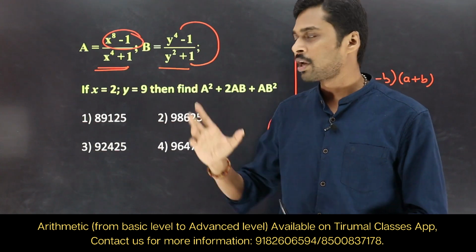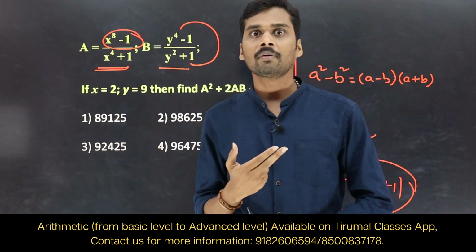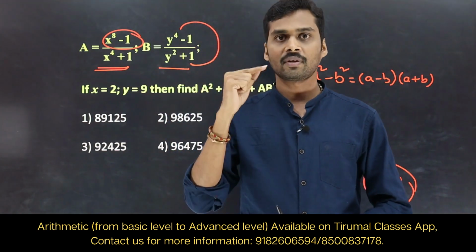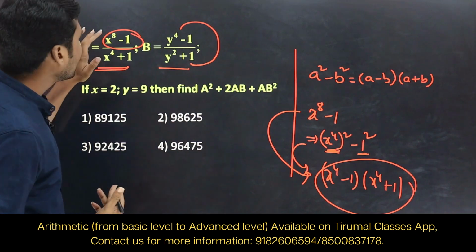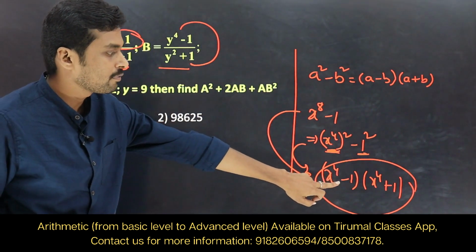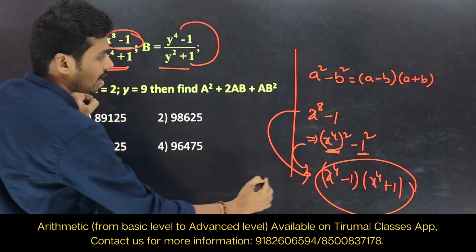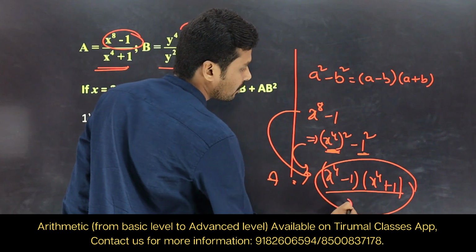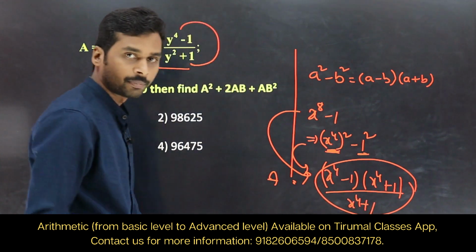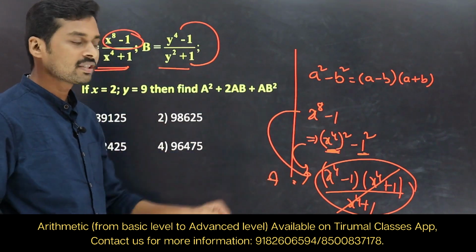You can observe the expression, and for most of the problems we can see it in the form of a square minus b square. So x power 8 minus 1 can be written as x power 4 minus 1 into x power 4 plus 1, divided by x power 4 plus 1, right? Can I say that these two get cancelled? So finally, what is the value of a?